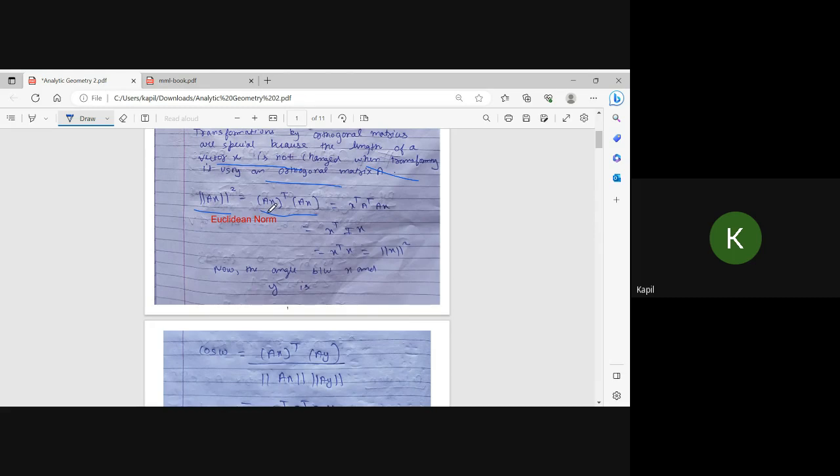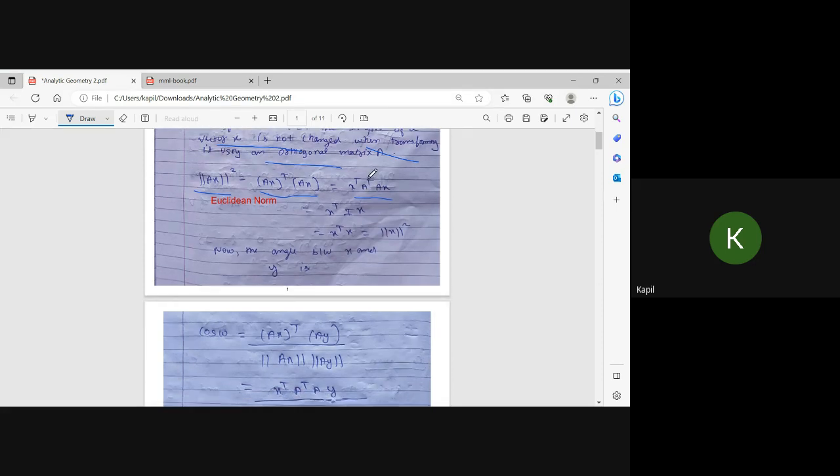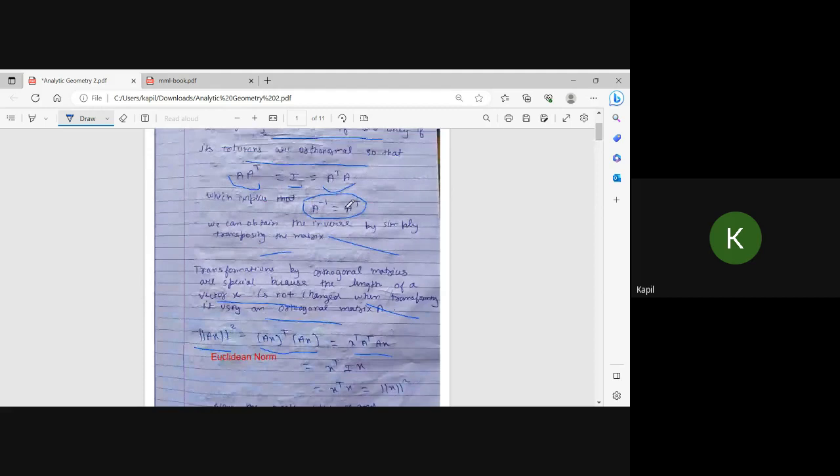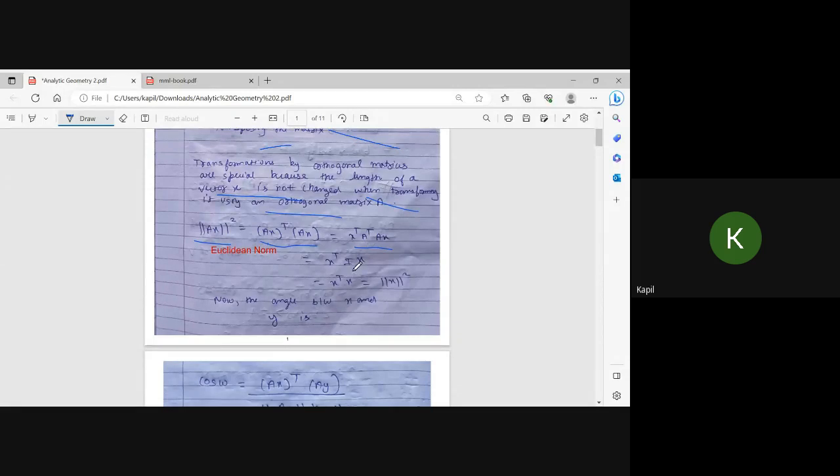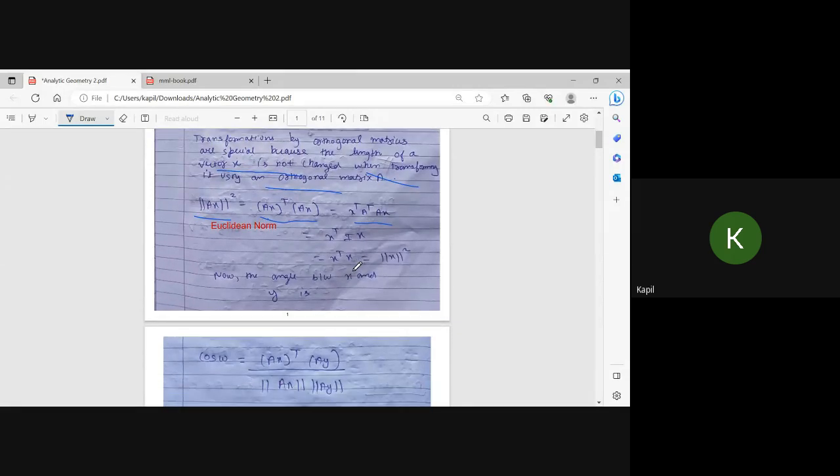So this is (Ax) transpose into Ax, and that we can write using the property (AB) transpose is B transpose A transpose. So it is x transpose A transpose A x, and from the previous result, A transpose into A is equal to I. So here we put x transpose into I into x, so x transpose into x, that is the norm of x squared.